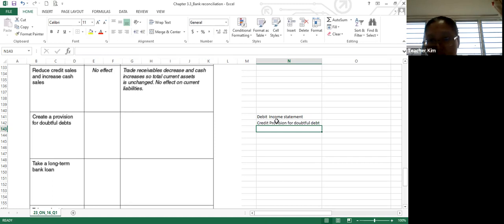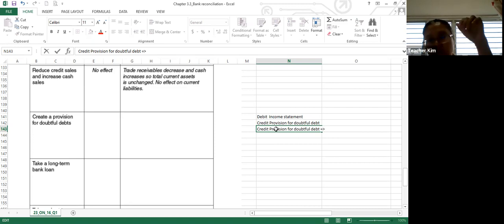This credit will reduce the trade receivable. Reduce trade receivable, what happens to your current asset?